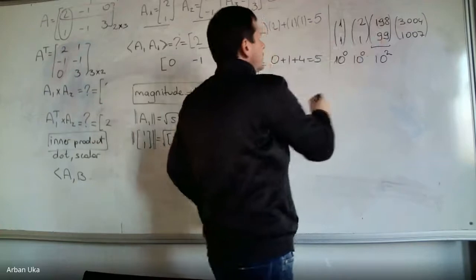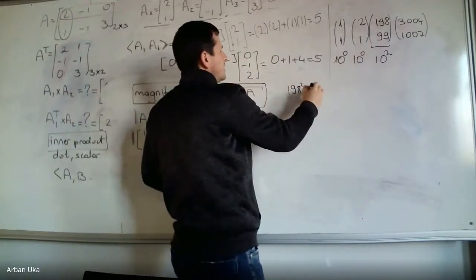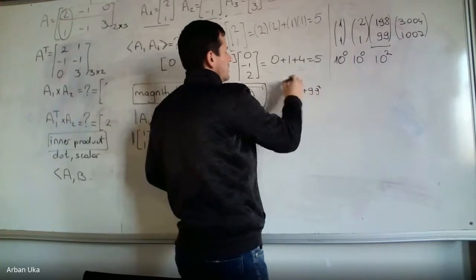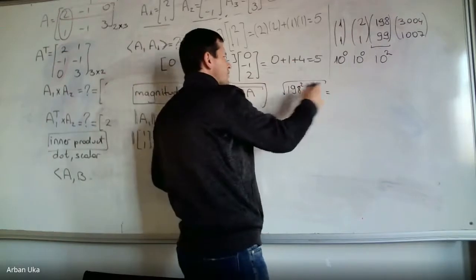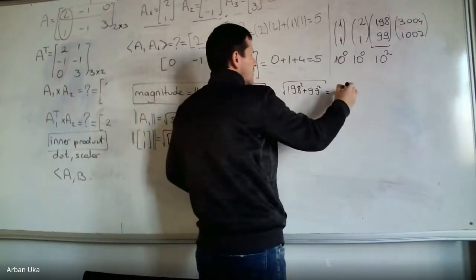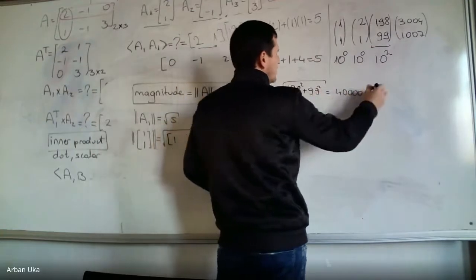Because what is the magnitude here? The magnitude is the square root of 198 squared plus 99 squared. The numbers will show up like around 200 squared, which is 40,000, plus 100 squared.